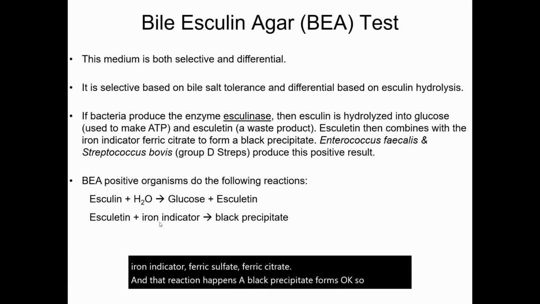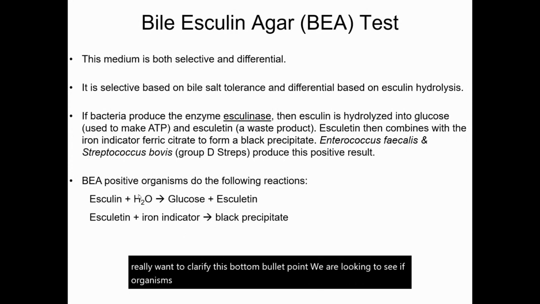So I just really want to clarify this bottom bullet point. We are looking to see if organisms can do this first reaction. Can they hydrolyze esculin into glucose and esculetin? That's the purpose, okay? And in order for an organism to do that, it must have the enzyme esculinase, okay? But we cannot see this reaction happen, right?